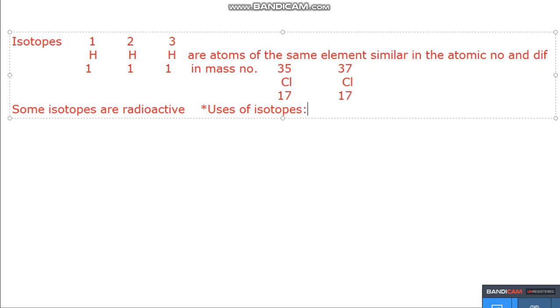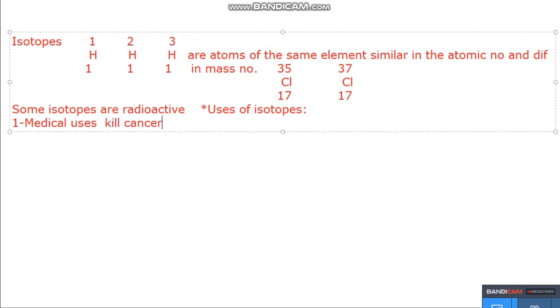The first use of isotopes is medical use, in medicine. The first medical use is to treat cancer, to kill cancer cells.